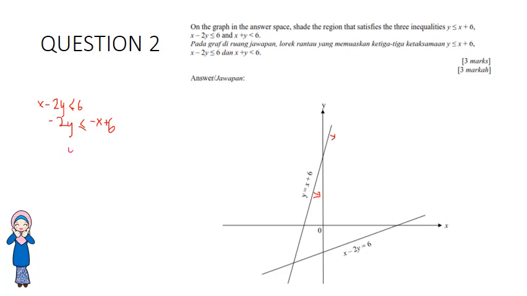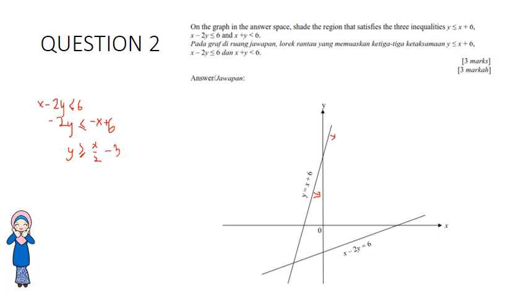So now, since I want to divide both sides by negative 2, our symbol becomes greater than or equal to. So y becomes x over 2, 6 divided by negative 2 is negative 3.